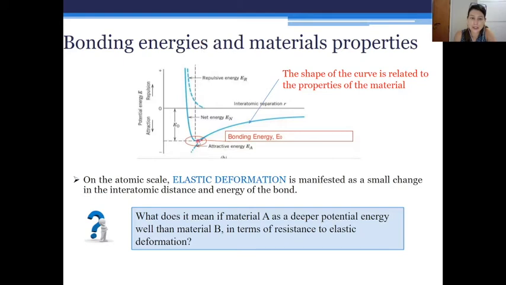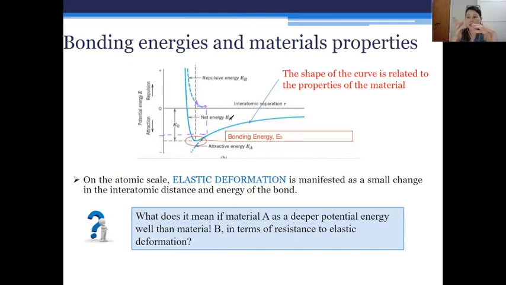Okay, so we may increase this interatomic distance, and if we increase it a little bit, the energy of the bond will increase.